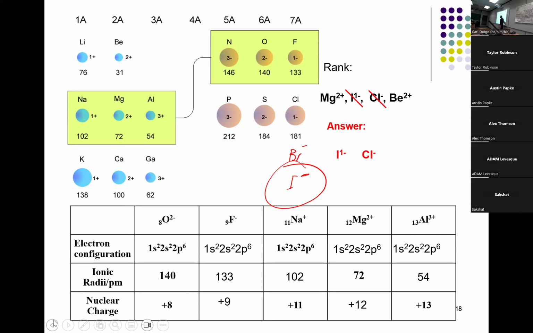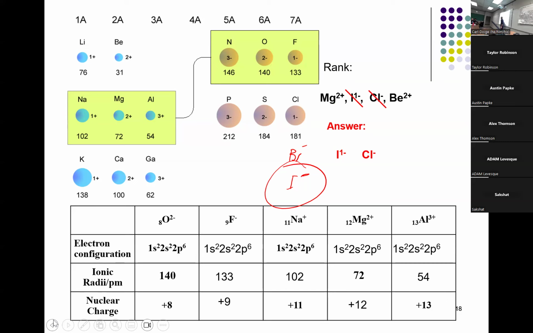Well, now that I've compared those two, can I compare chloride to anything else? Well, I can't compare the chloride to magnesium directly, but I can compare chloride to these guys. Coming along here, so chloride, potassium, calcium. I know that chloride is bigger than calcium +2.